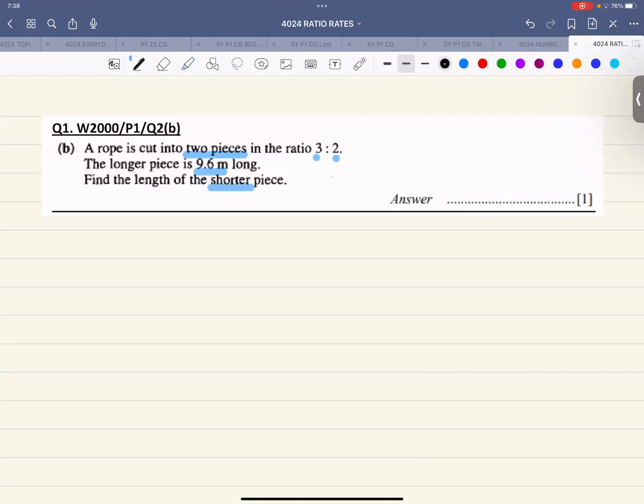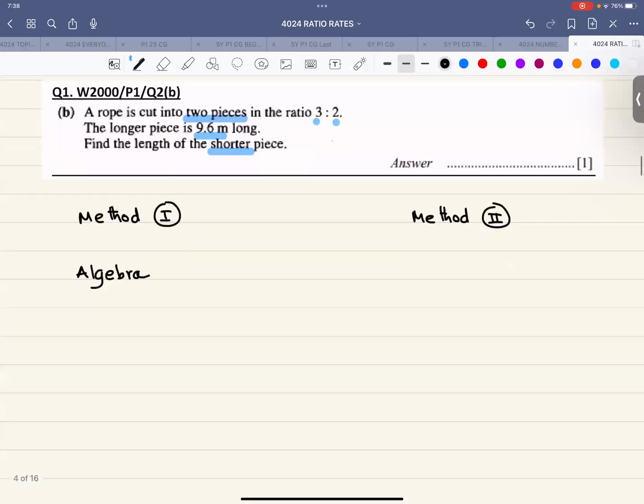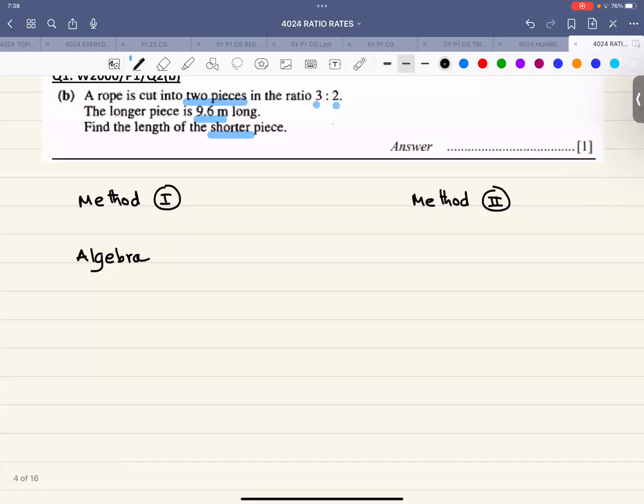Now, first of all, let me show the solution to this question in two methods. Method one, method two. The first method, let me use algebra, just the basics of algebra. If I say that the total length of this rope is L, therefore it's in a ratio of 3:2.